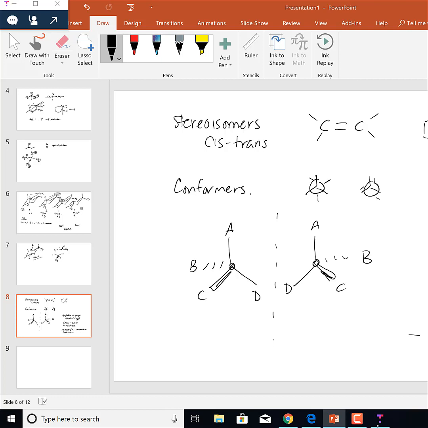And I'll give you a couple of quick examples, and there's more in the textbook. So either one of those definitions for a chiral carbon, and for a molecule to be chiral, it needs to have at least one chiral carbon.